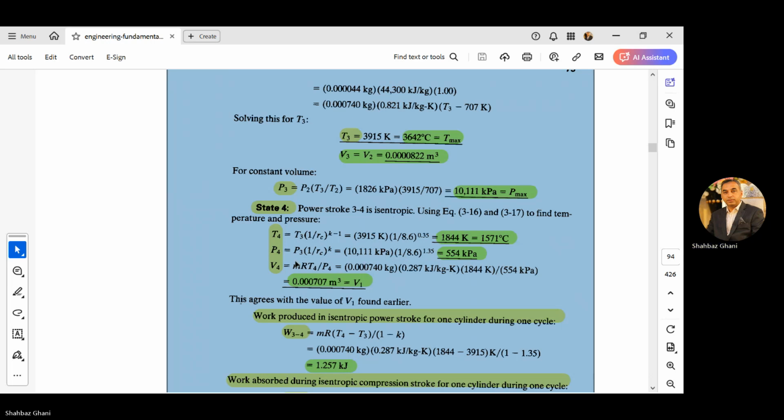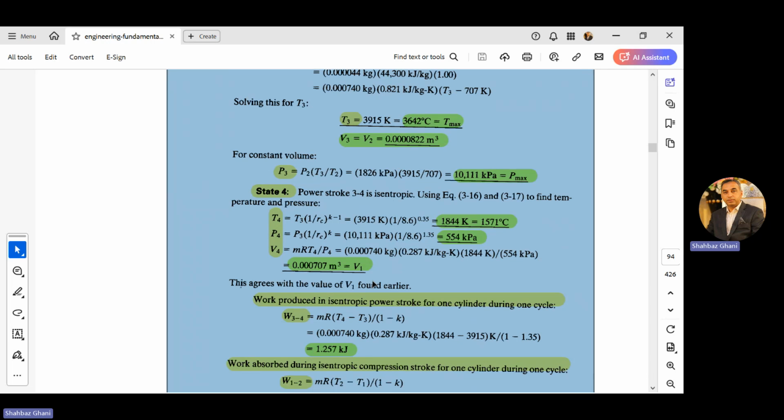P4 equals P3 times 1 over rc to the power k, so 10111 kilopascal times 1 by 8.6. The pressure comes out to be 554 kilopascal. Now finding the volume V4. V4 is equal to V1, and that is the volume at BDC. So the same value comes after putting this value in this equation.